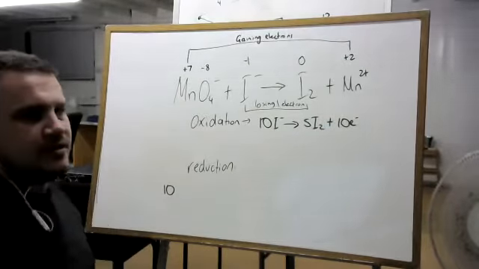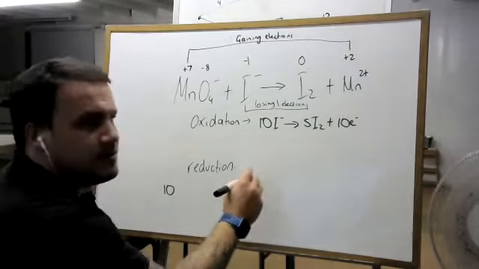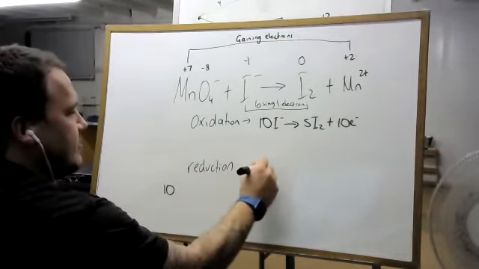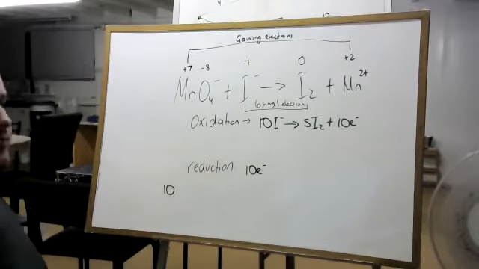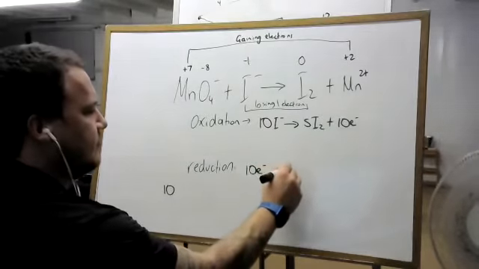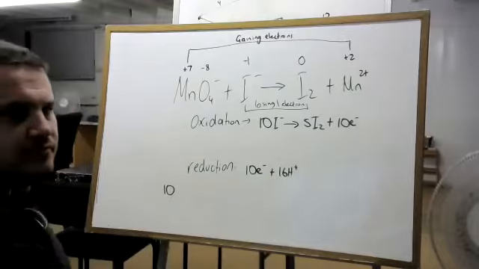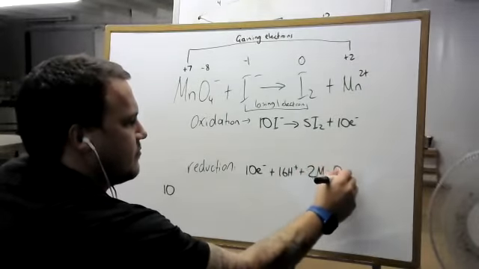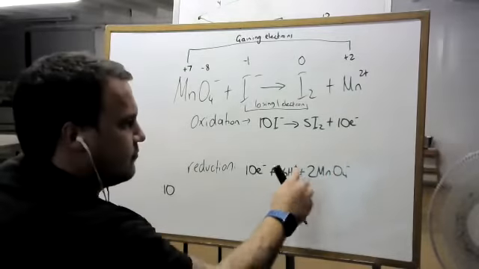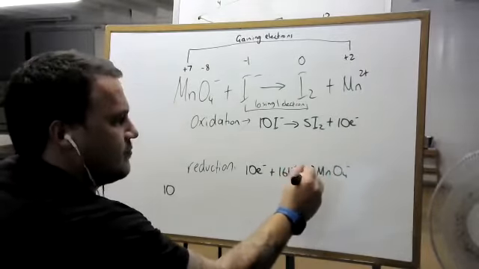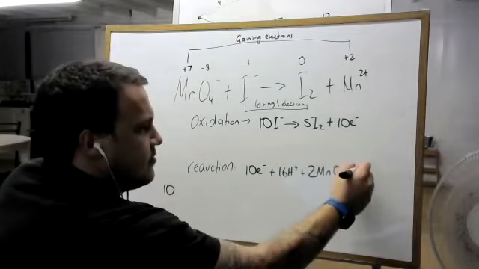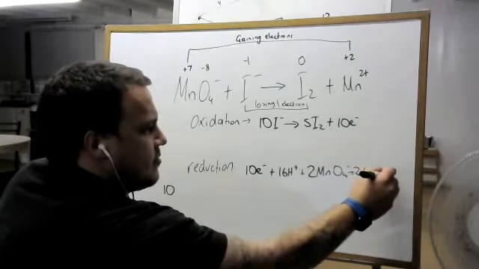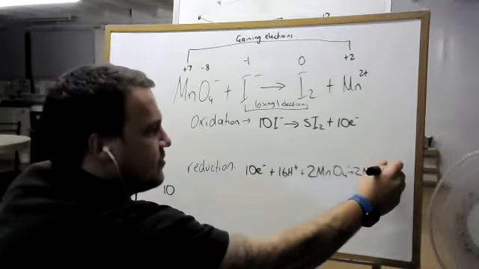The reduction then becomes 10e minus, gives us, well, we got 8H2O.